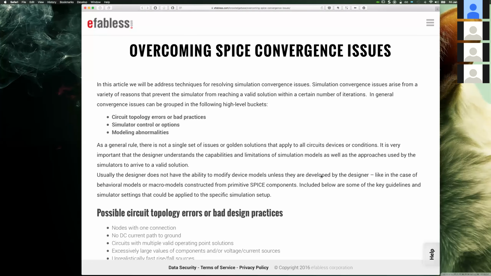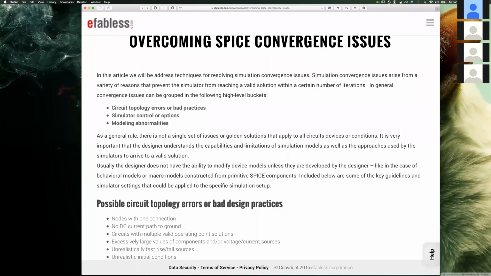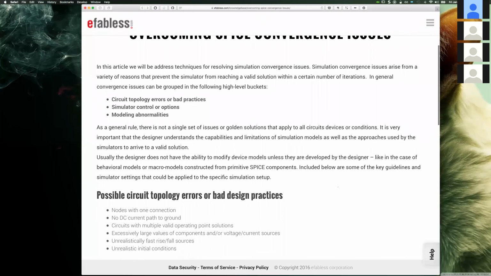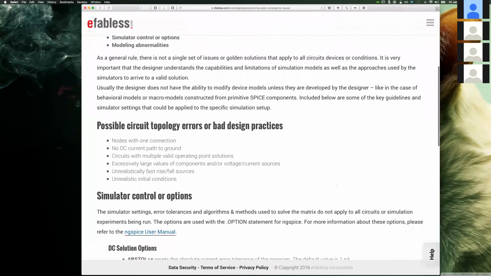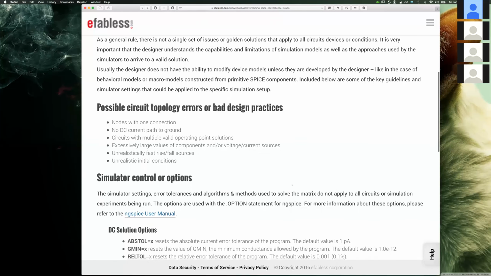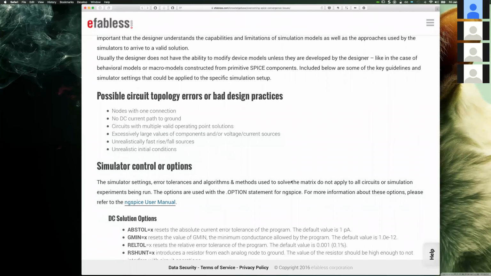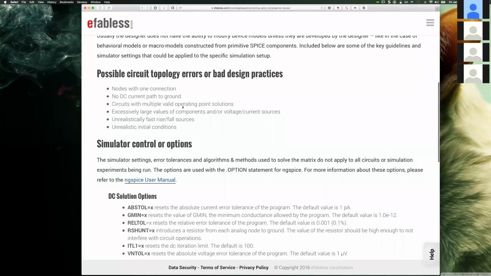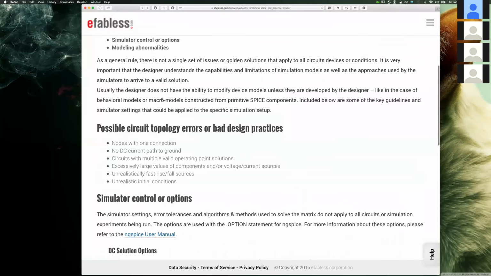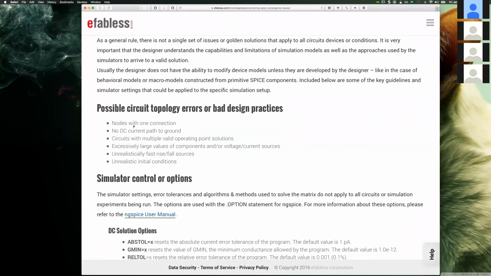In the nonlinear cases where you have an exponential increase, you may end up with large numbers that are not realistic, and the matrix will not allow that within the parameters of the computer solution, as well as any variables within the equations themselves. So the circuit topologies, I'm just listing issues here.